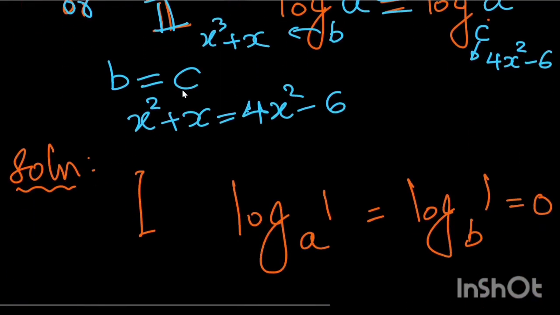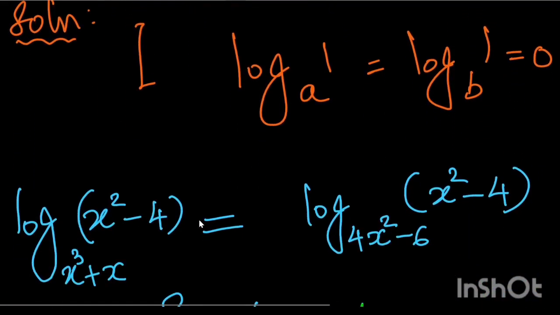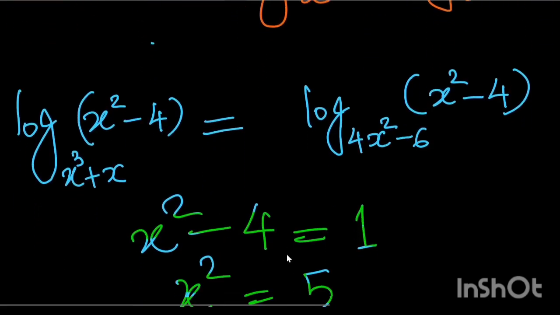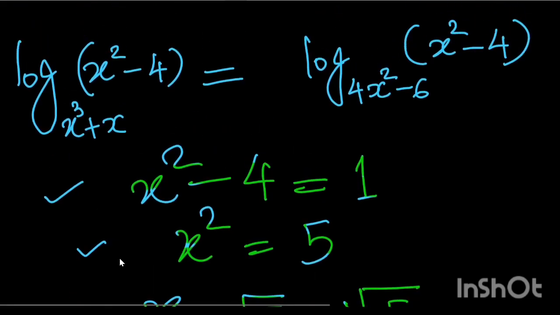First case, when log 1 equals log 1, means x square minus 4 is taken to be 1. So x square becomes 5, which gives x as plus minus root 5, guys. Now we know the domain constraint that the base should be positive.